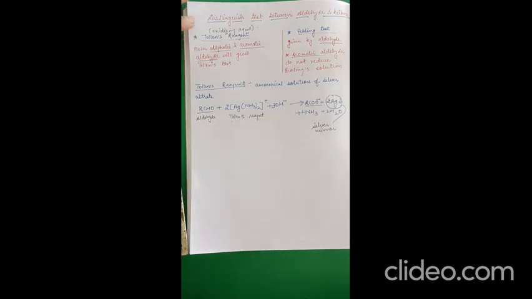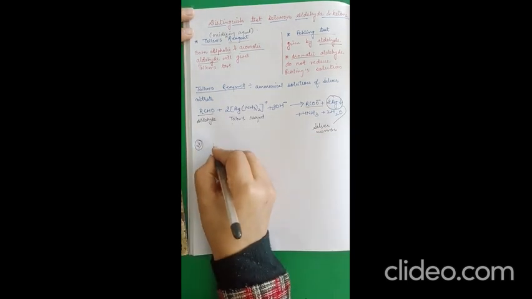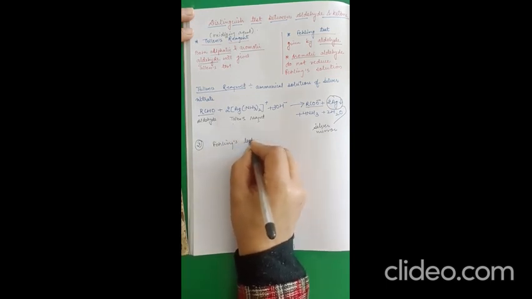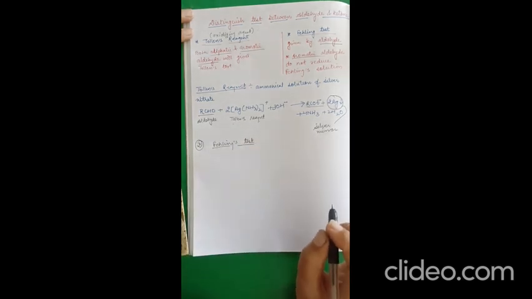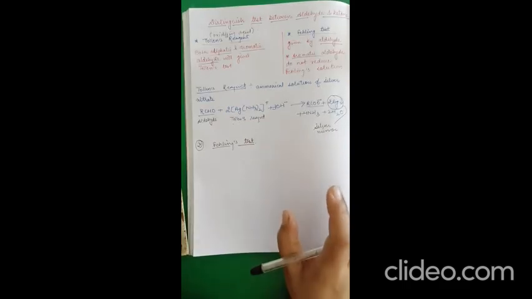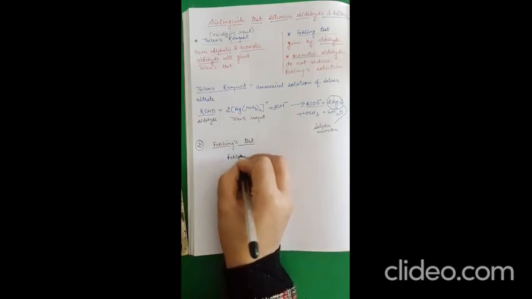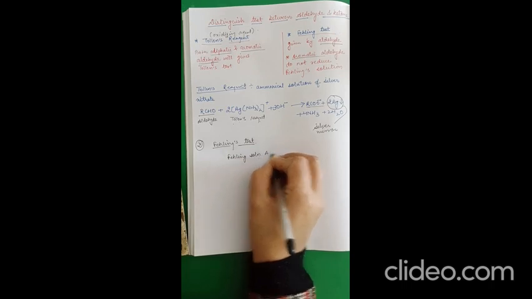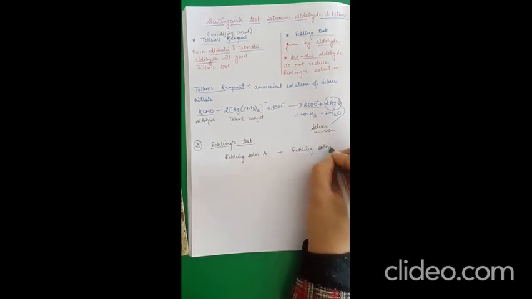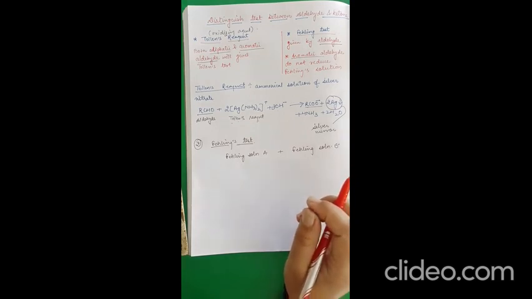Now the second test we are going to discuss, that is Fehling's test. Now what is Fehling test? Basically, Fehling solution is a mixture of Fehling solution A plus Fehling solution B. So what is Fehling solution A?